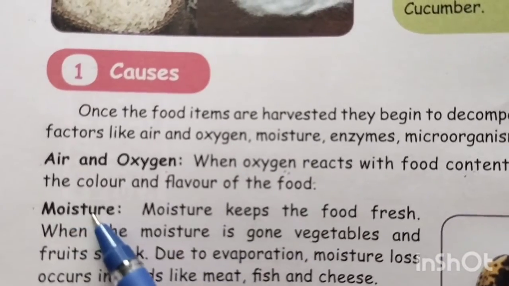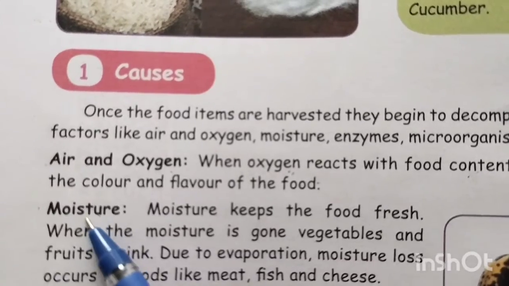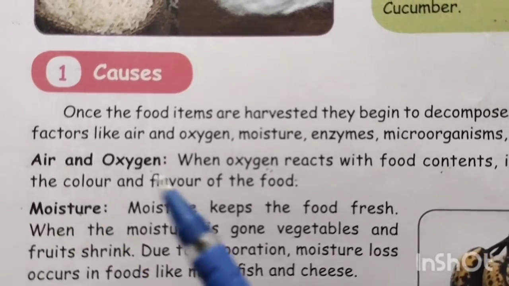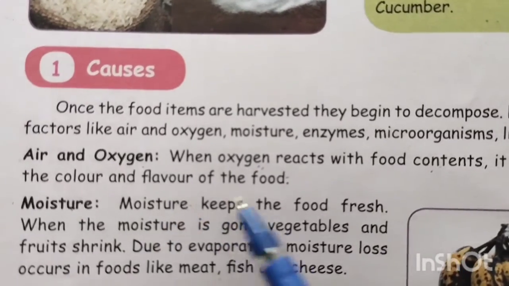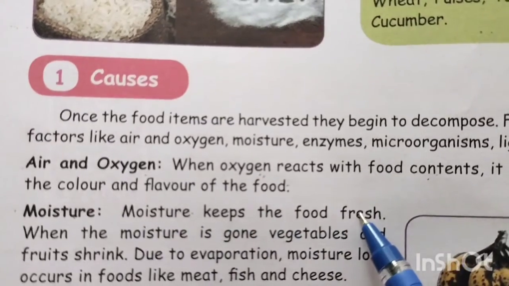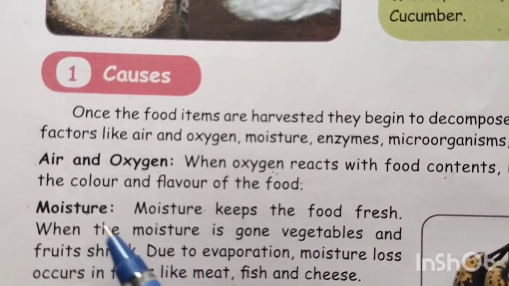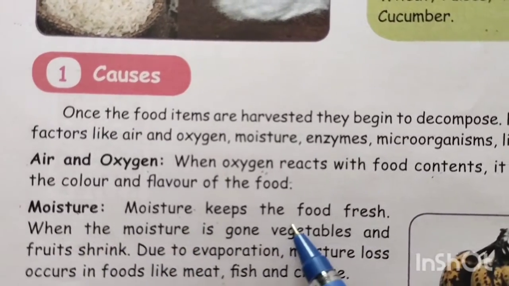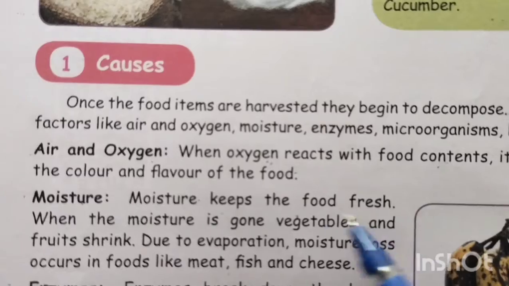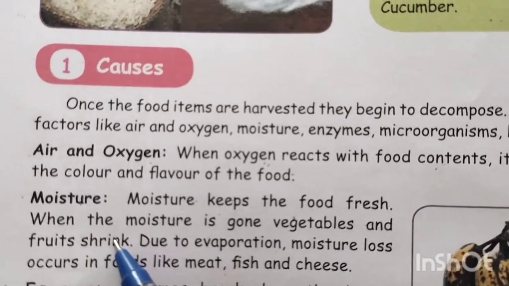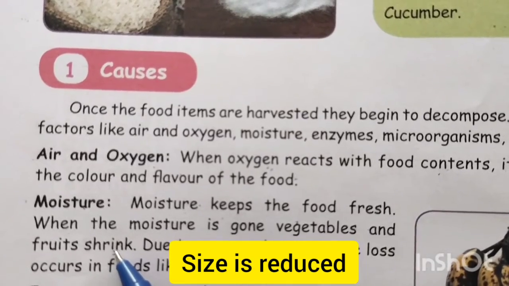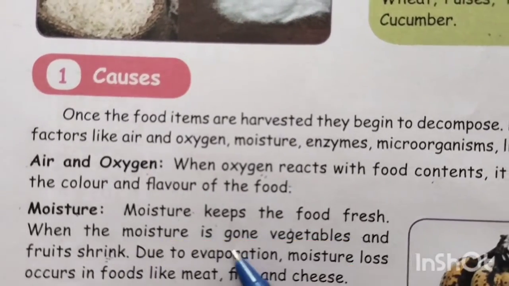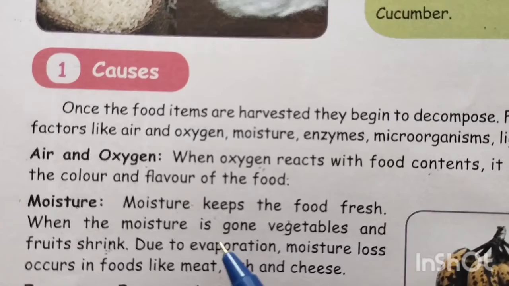Students, the next one is moisture content. Moisture content means the water content. Moisture or water content keeps the food fresh. When the moisture is gone, especially vegetables and fruits shrink. Shrink means the size of the vegetables and fruits is reduced due to evaporation.